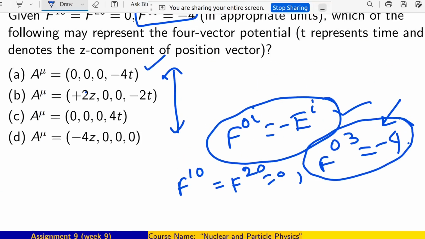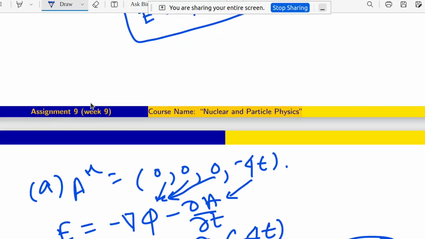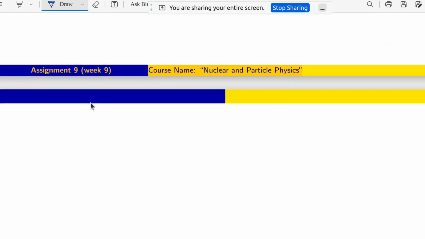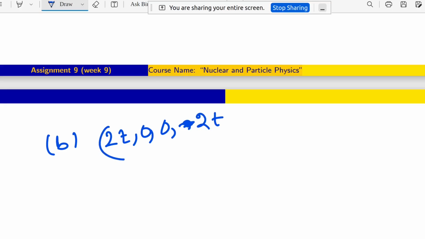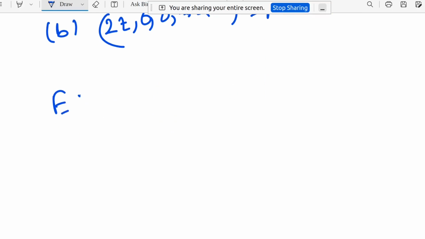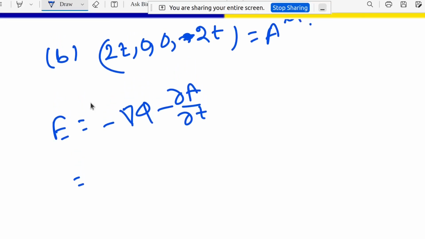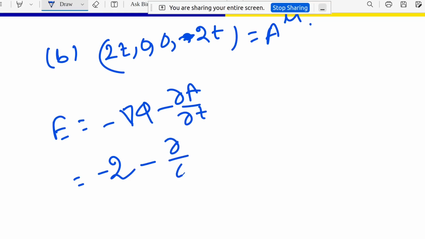Now coming to B, 2z, 0, 0, minus 2t. This is A mu. Now again we have to calculate E equals to minus grad phi minus del A del T. From here we can conclude minus 2 minus del T of minus 2t.